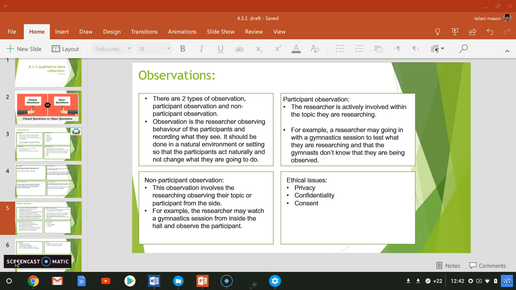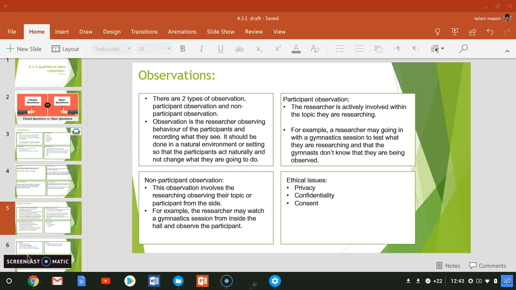So this researcher may have to go to a competition and stand within the arena and observe one of their participants on how they're dealing with their pressure, with their emotions and their feelings. It involves the researcher observing from the outside. There's no interaction between the participant and the researcher, whereas in participant observation there is.